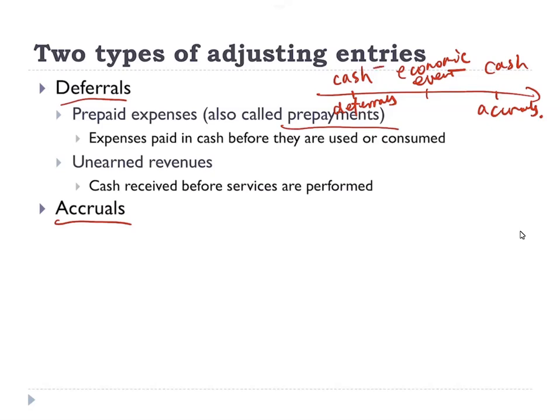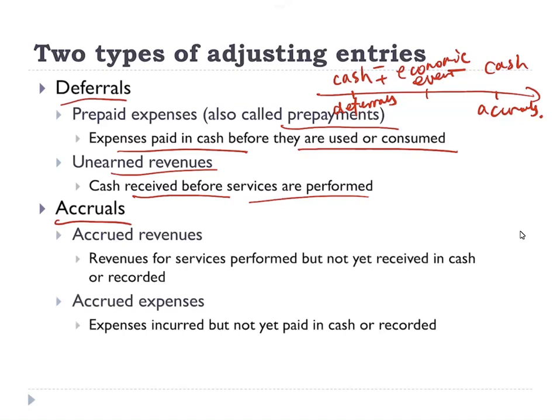Those are expenses paid in cash before they're actually used or consumed, before those expenses actually happen. And for unearned revenue, that's a cash inflow. Those are cash received before goods are delivered or services are performed. So those are two types of deferrals.